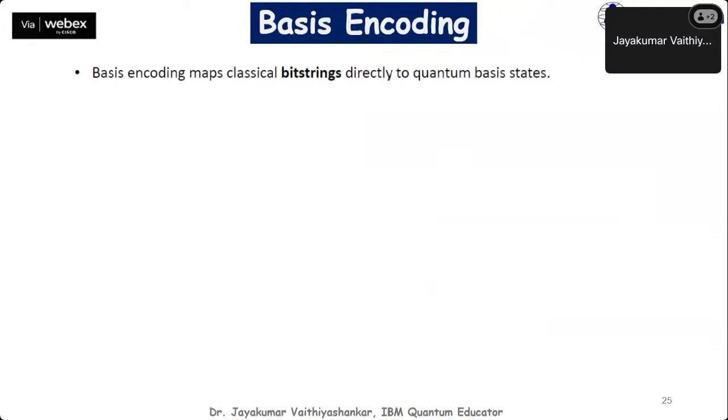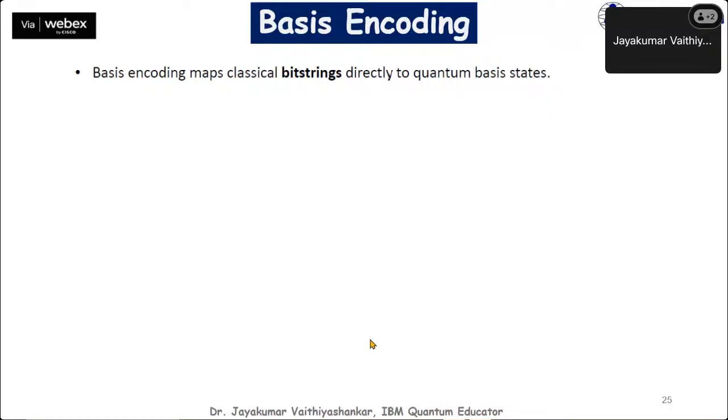The first example is basis encoding. Basis encoding maps a classical bit string directly into a quantum basis. What are the quantum basis states we have? Not 0, 1, but state 0, state 1.